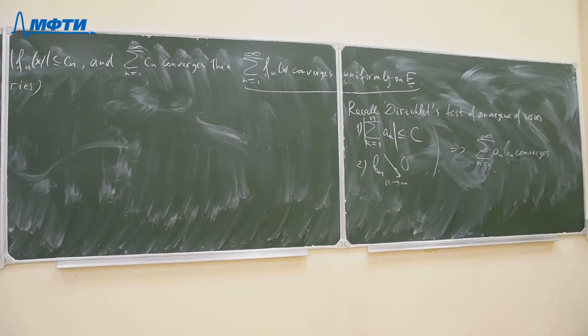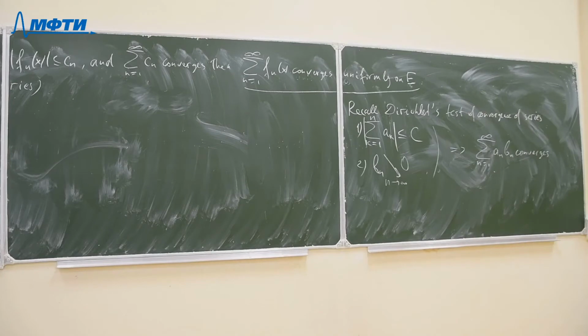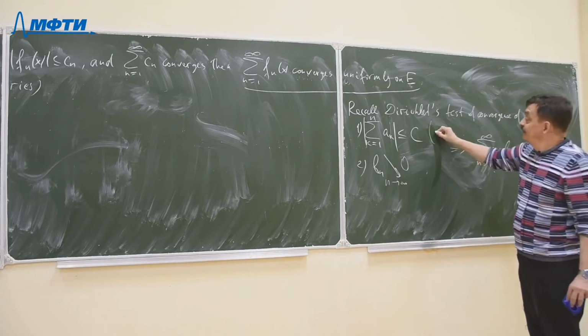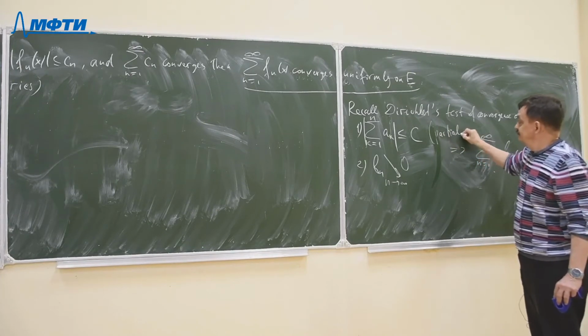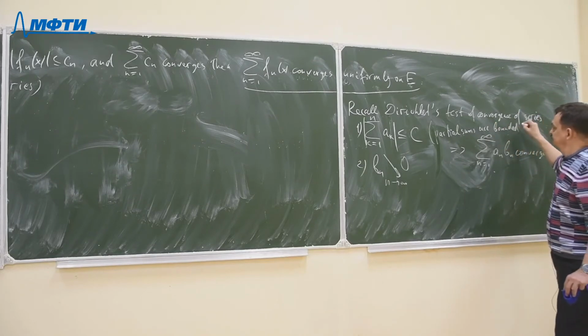So now look how to formulate. So we had the Dirichlet test for convergence, right? Now we want to formulate the Dirichlet test for uniform convergence. And in fact, there is a very simple rule for how to formulate it. You should insert the word uniformly everywhere. So, look here. In words, what is it? Partial sums are bounded, right?